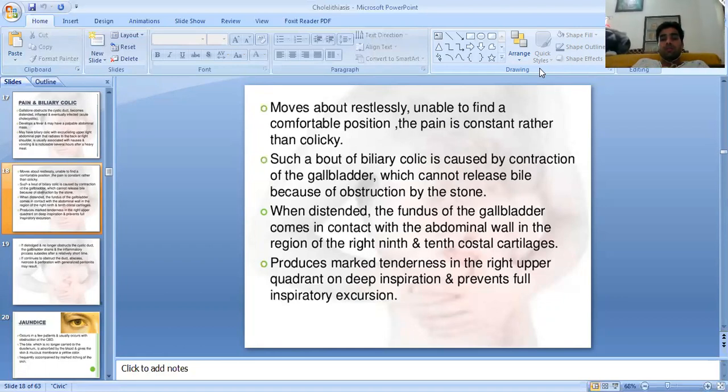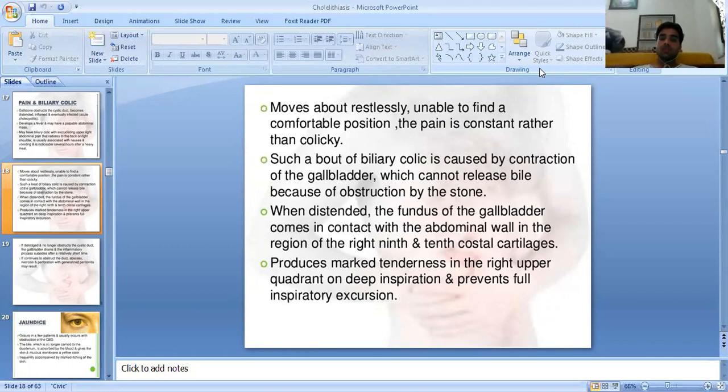Such a bout of biliary colic is caused by contractions of the gallbladder, which cannot release bile because of obstruction by the stone. When distended, the fundus of the gallbladder comes in contact with the abdominal wall in the region of the right ninth and tenth costal cartilage.